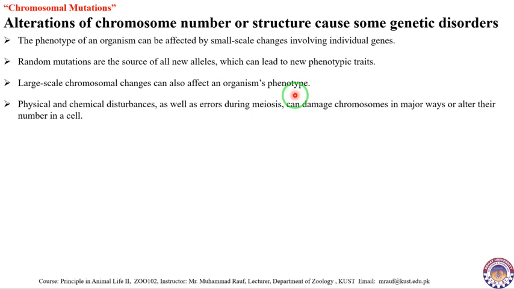Physical and chemical disturbances as well as errors during meiosis can damage chromosomes in major ways or alter their number in a cell.